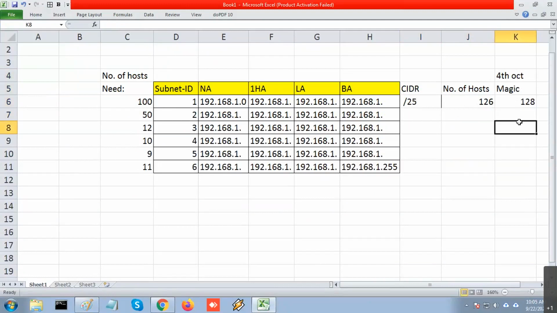128. Done. Next. Now tell me, if it is 192.168.1.0/24 and we need 50 hosts, what is the CIDR? For 50 hosts, N would be 6.